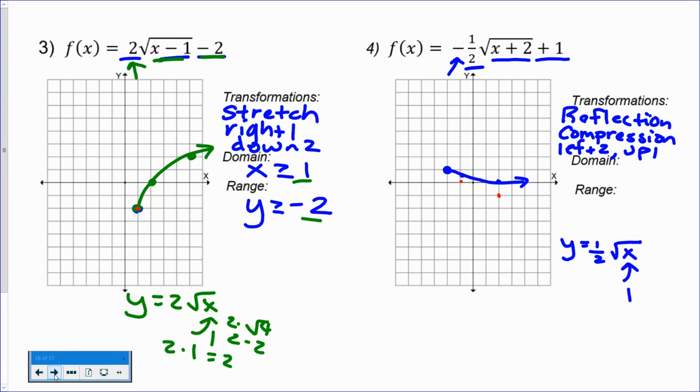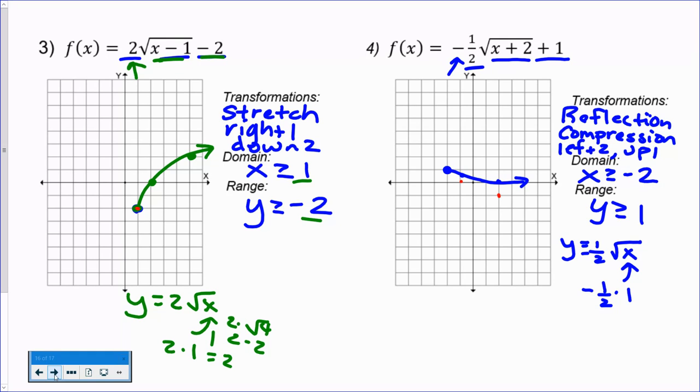So if I plug in 1, square root of 1 is 1 times 1/2. Technically, I should put the negative in front. So if I plug in 1, I'd get negative 1/2. So I'd go over 1, down 1/2 from my new starting location. My domain, x must be greater than or equal to -2, y must be greater than or equal to 1.